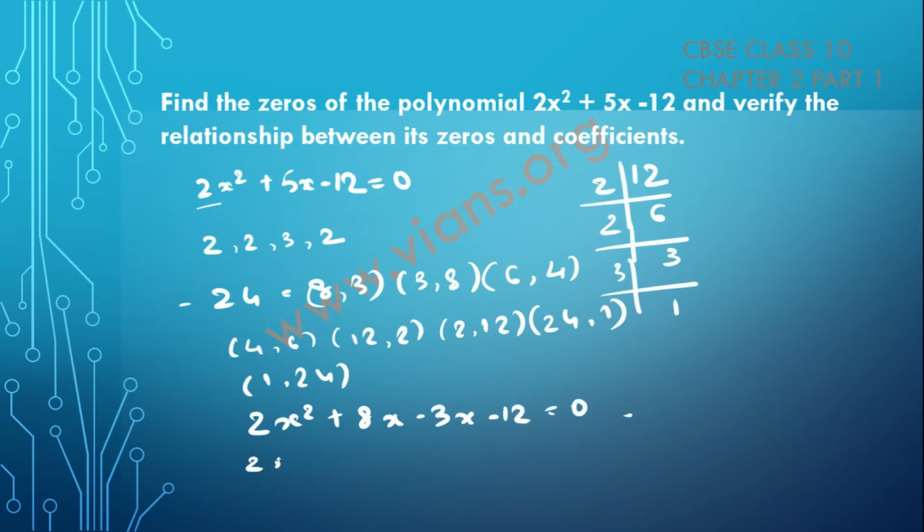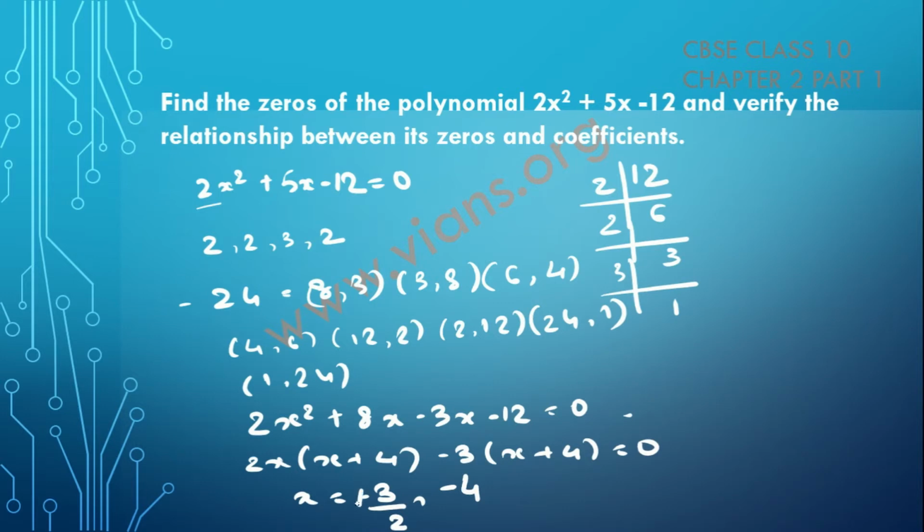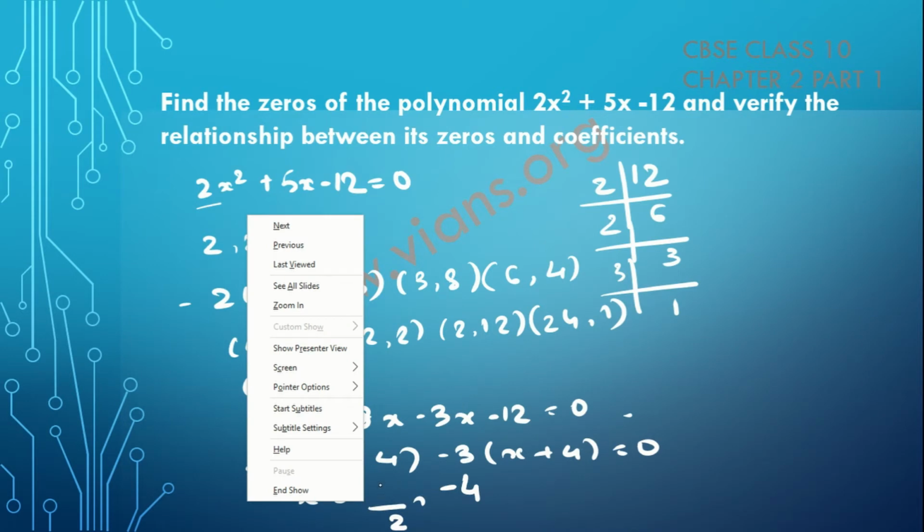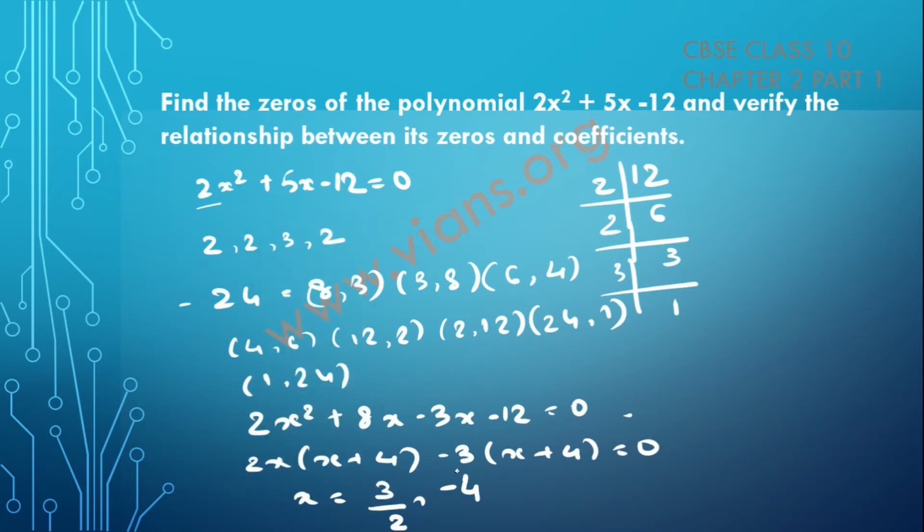That can be written as 2x into x plus 4 minus 3 into x plus 4 is equal to 0. That's x is equal to minus 3 by 2 and minus 4. Sorry, x is equal to plus 3 by 2 and minus 4, right? Let me subtract this for you. Yeah, 3 by 2 and minus 4.